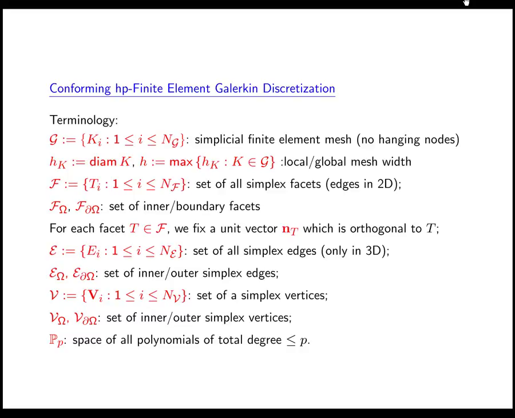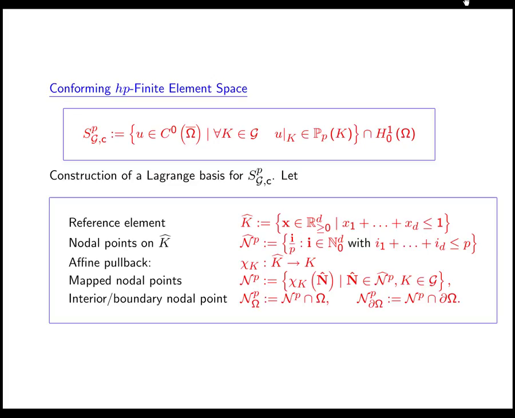Then you have edges, and then you have vertices. And you have indices here, whether these objects are lying in the interior of the domain or in the exterior of the domain. I will repeat this notation during the talk if it becomes necessary.